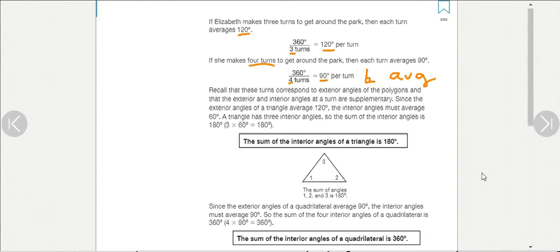Recall that these turns correspond to exterior angles of the polygon, and that exterior and interior angles are supplementary, meaning that they add up to a straight line.